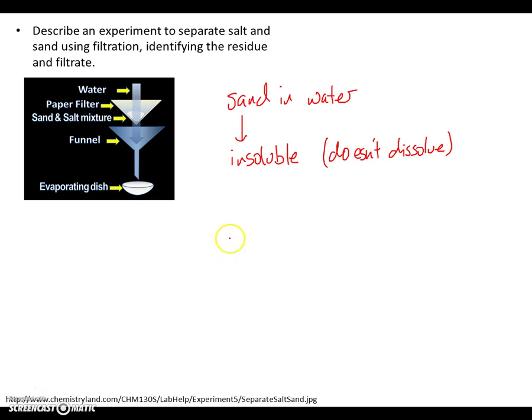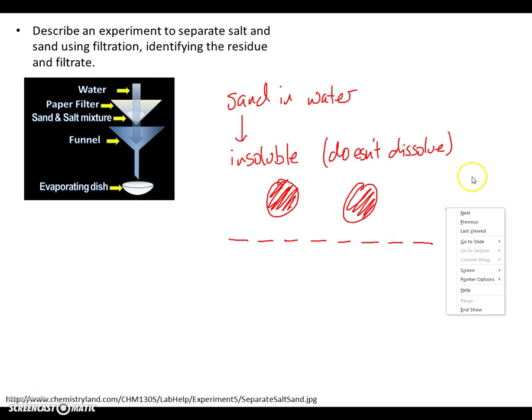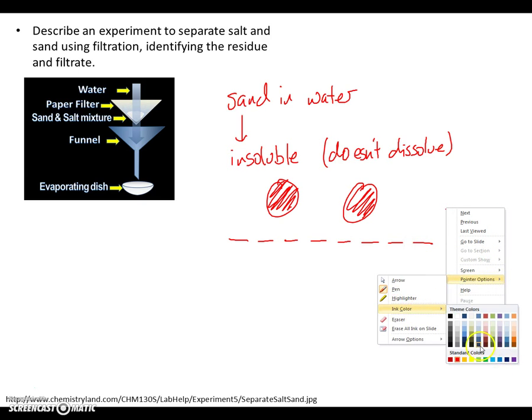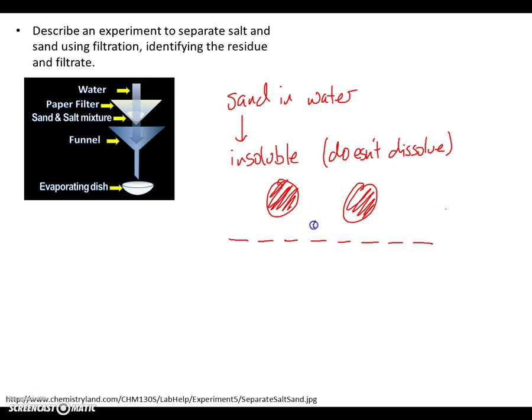And so you can think about this in terms of the filter paper as having little gaps within it, and then you have very large insoluble bits of sand, and the water particles themselves, which the sand is dispersed in.